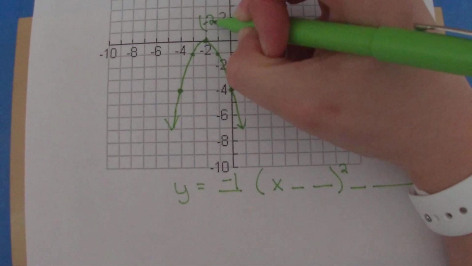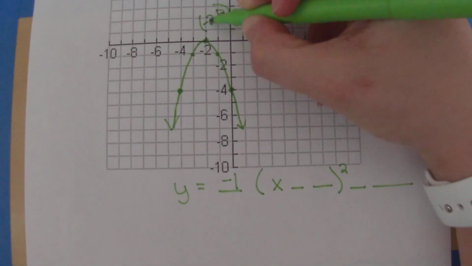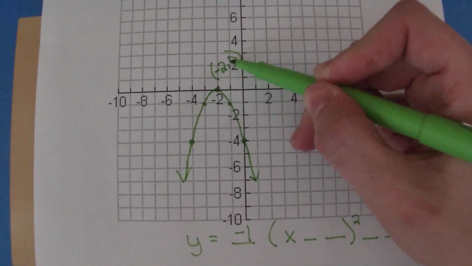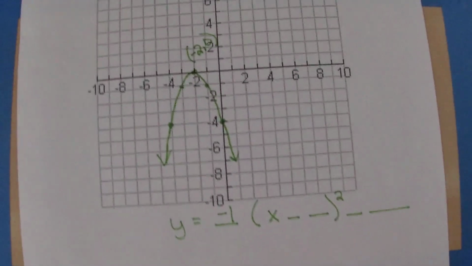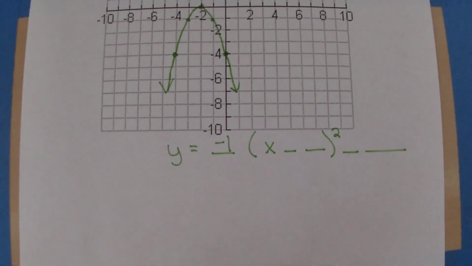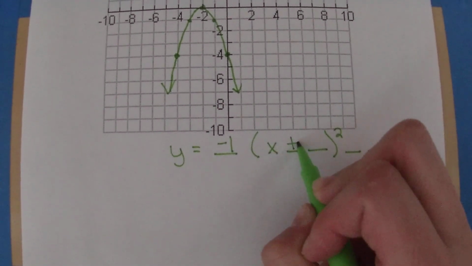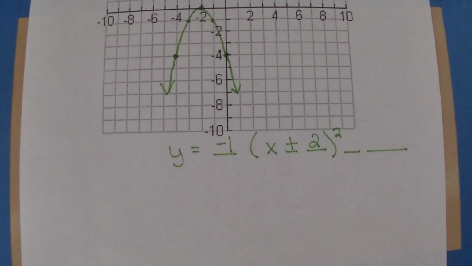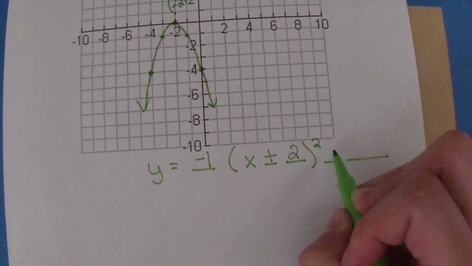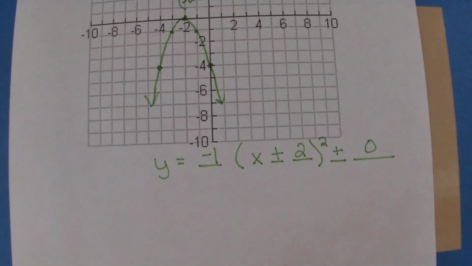This is the ordered pair (-2, 0), (x, y), which is the same thing as (h, k). So my h is -2, and when I plug that in, it is always the opposite sign. So the opposite of a -2 is a +2. My k is 0, so whether I put a +0 here or a -0, it wouldn't matter. You just have to make sure that you're filling in every single blank.